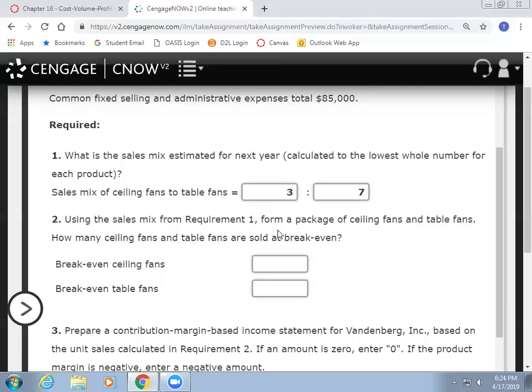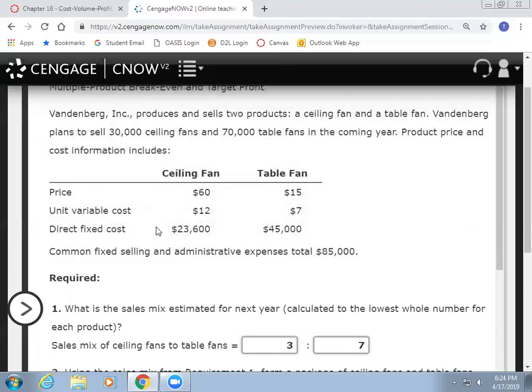They just give us the unit variable cost, so we can take 60 minus 12. So the ceiling fan's contribution margin, the CM, is 48. That's all given up here: just the price minus the unit variable cost.